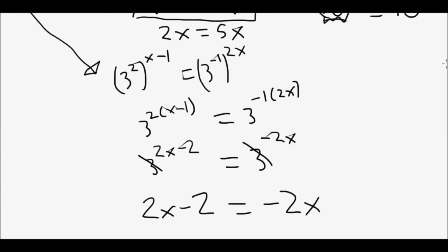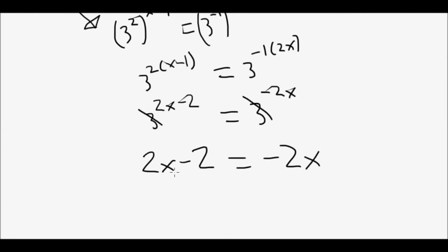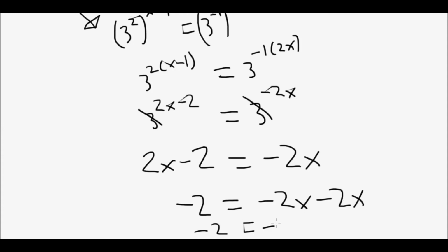Now that we have this, we can easily use algebra and solve for what x is equal to. So let's go ahead and do that. So negative 2 is going to equal negative 2x minus 2x. Negative 2 is going to equal negative 4x.